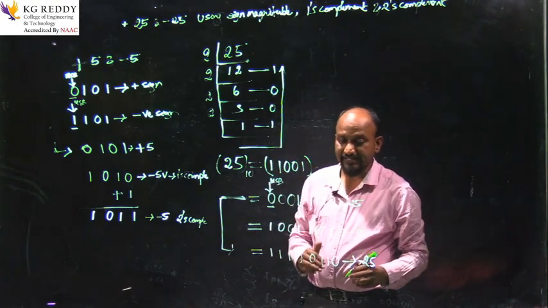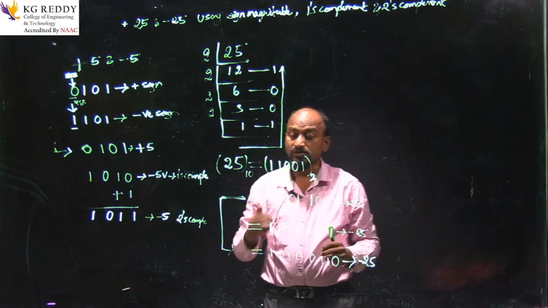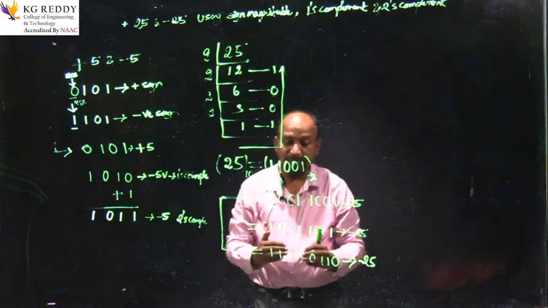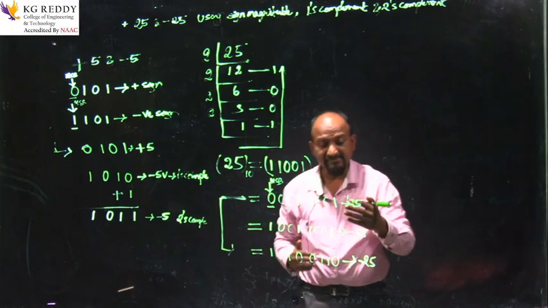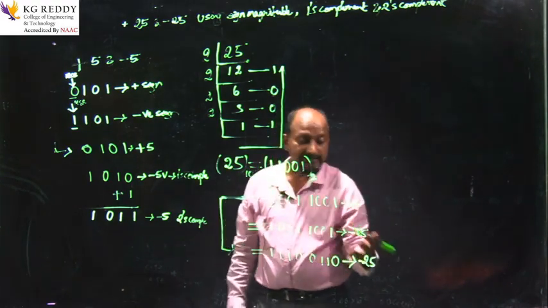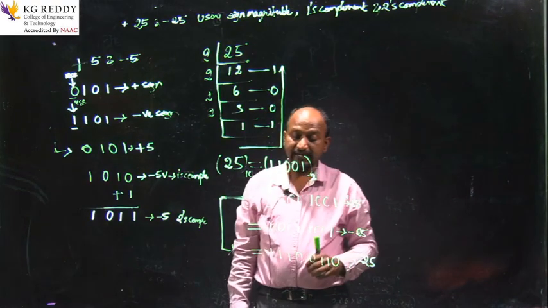So as we discussed, what is twos complement? Twos complement is nothing but ones complement plus 1. If you add plus 1 to the ones complement, you get the twos complement.